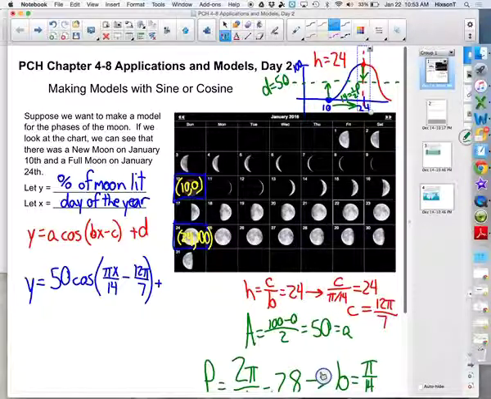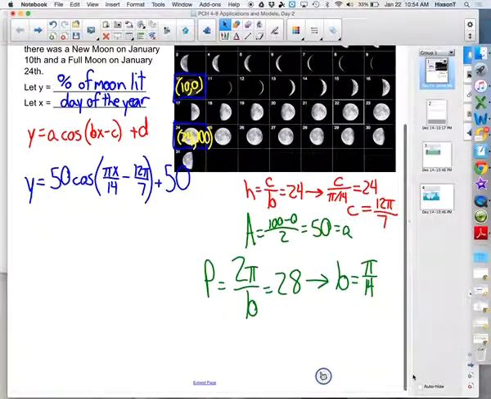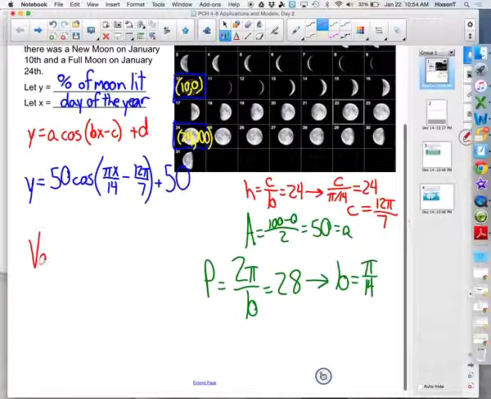All right? So there's the final piece of our model. And now, if we wanted to figure out what's going to be the phase of the moon, say, on Valentine's Day? Are we going to have a full moon for Valentine's Day? All right, let's see here.